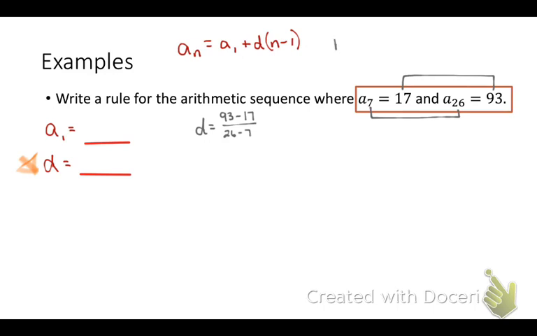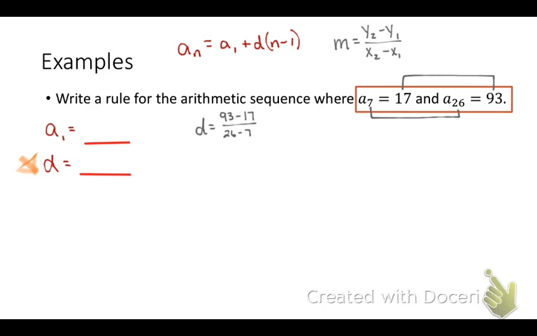You're used to seeing this as y2 minus y1 over x2 minus x1. It's the same thing. Again, arithmetic sequence is just finding the slope. Or it's a linear equation.